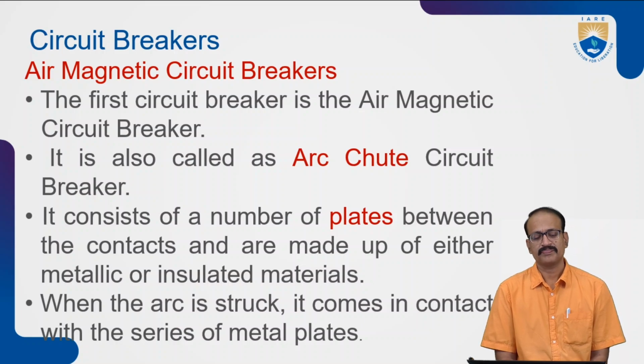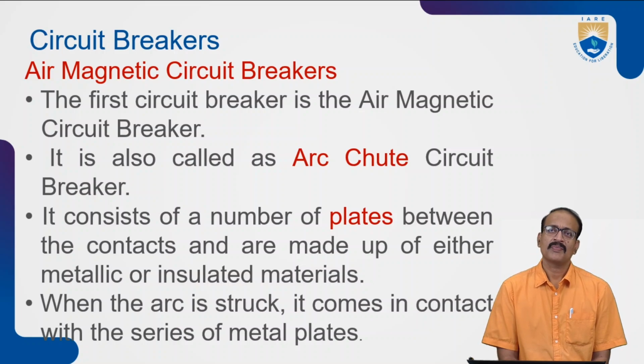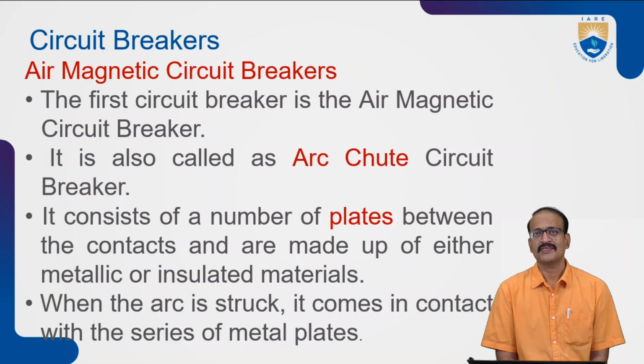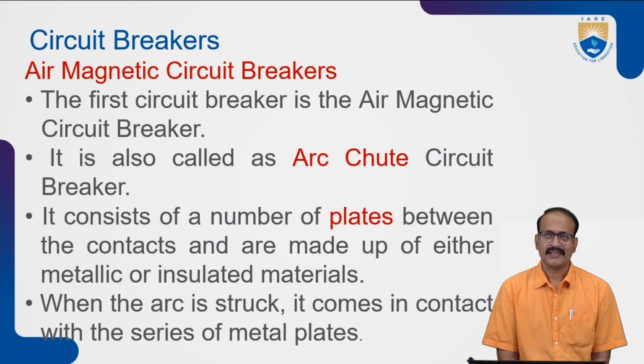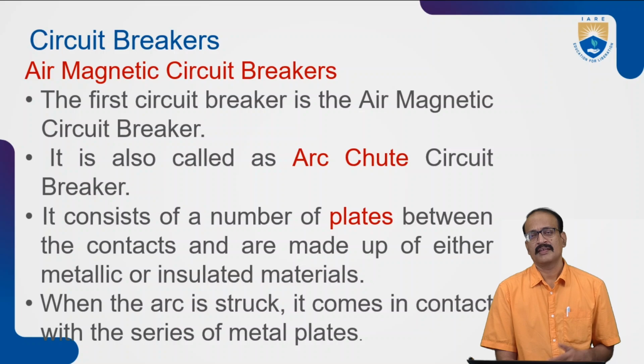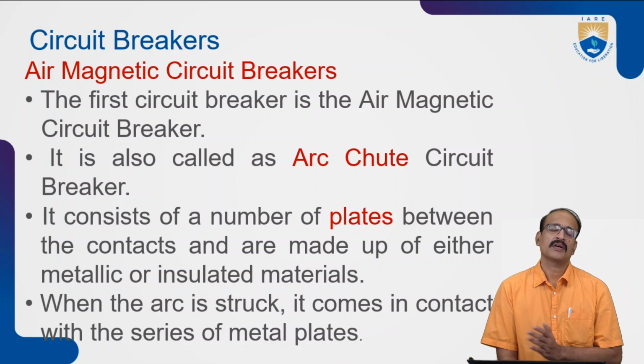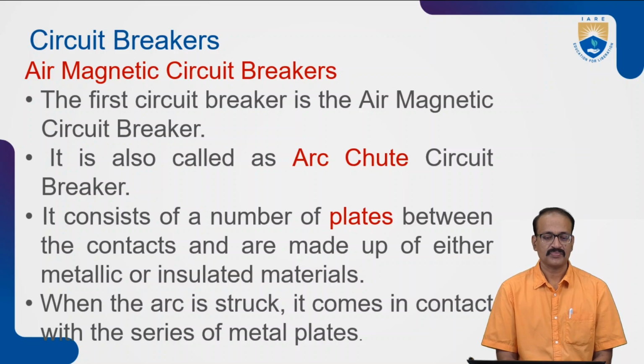Another coil, which is not part of the circuit, comes into the picture and attracts the arc so that it passes through these plates.